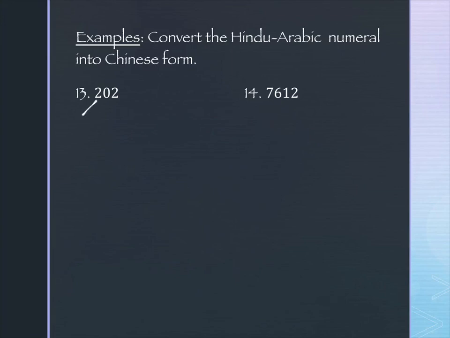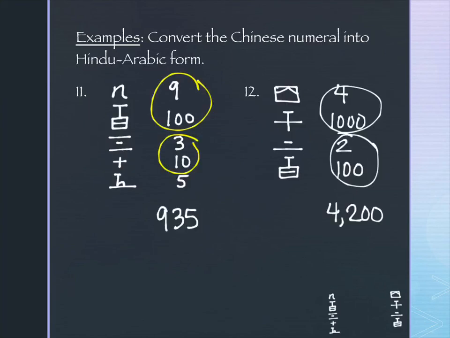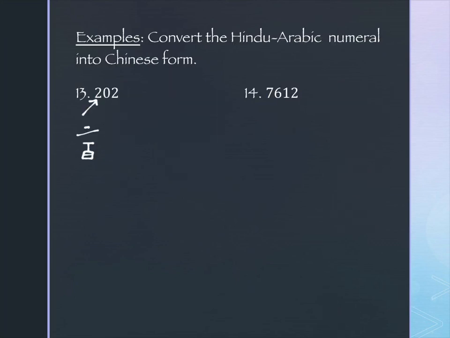I start with the 200, the first 2 in the 200. How do we get the number 2? 2 lines. But I need it to be in the hundreds place, so I have to multiply it by the 100 symbol, so the 100 symbol goes underneath. The 100 symbol looks like the TNT box. The 0 here, since it's in between numbers, notice there weren't any zeros showing up at the end of the 4200. But when zeros are sandwiched in between numbers, that 0 symbol shows up.